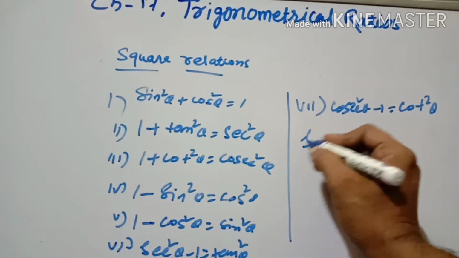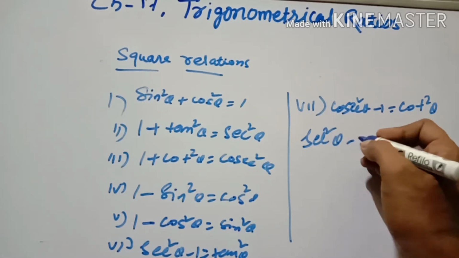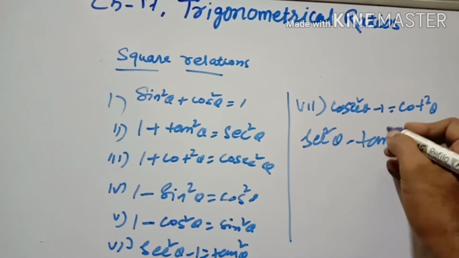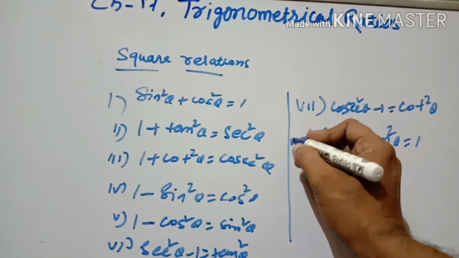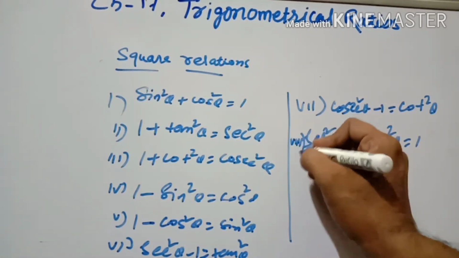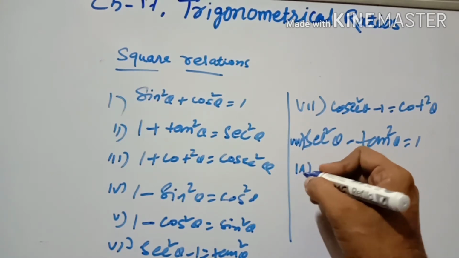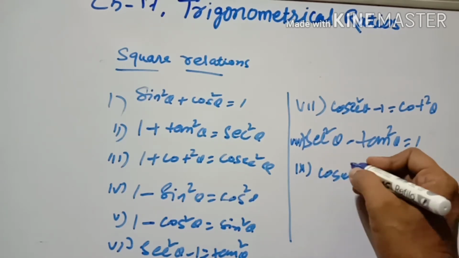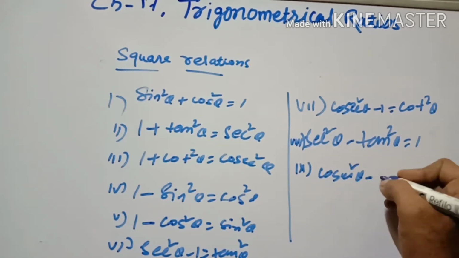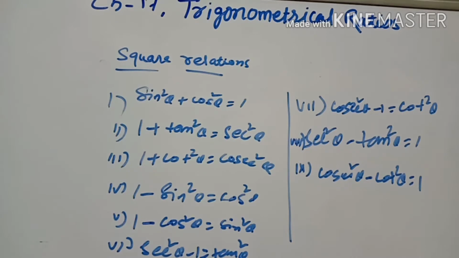Now sec square theta minus tan square theta equal to 1. Number 9, I can write cosec square theta minus cot square theta equal to 1. Write down, these are the important formulas.